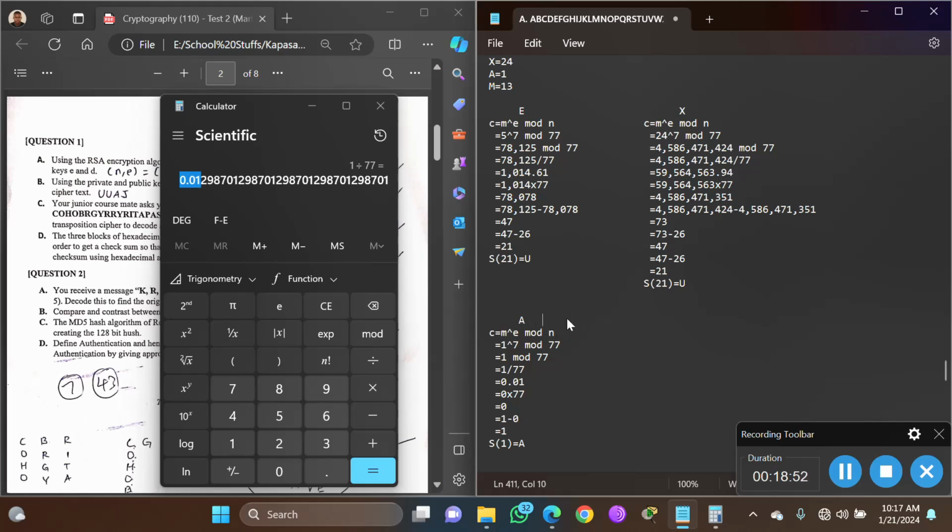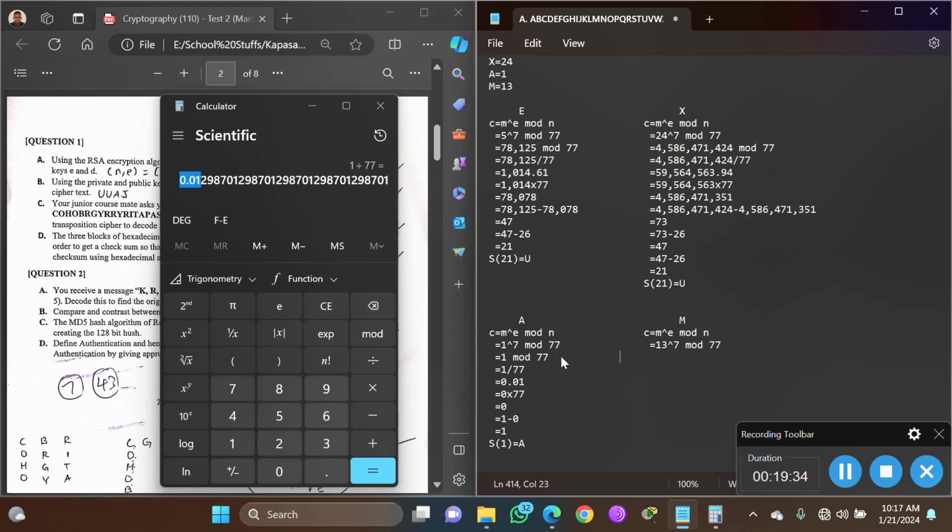Now let us encrypt the last letter, which is m. Again, let's start with the formula. The ciphertext is obtained by plain text power encryption algorithm mod n. In this case our plain text m is number 13 on the alphabet, then power 7 mod 77.